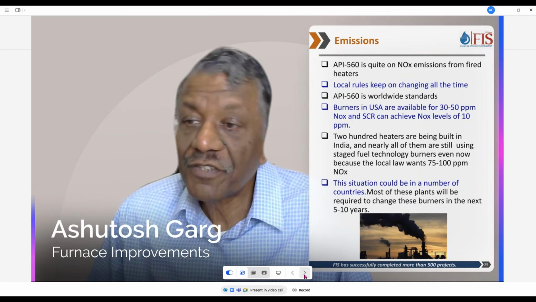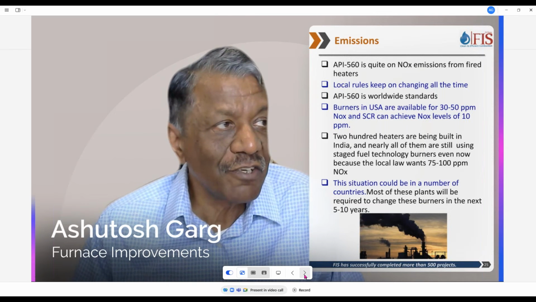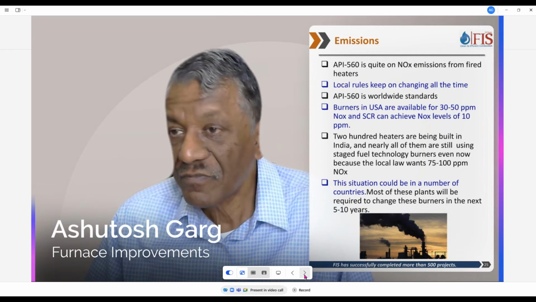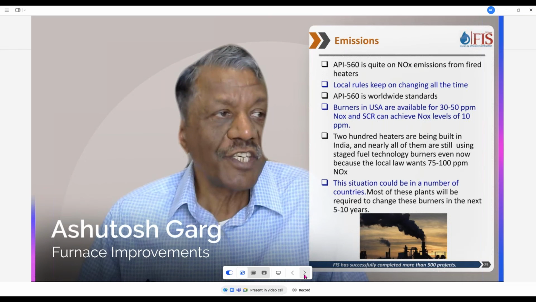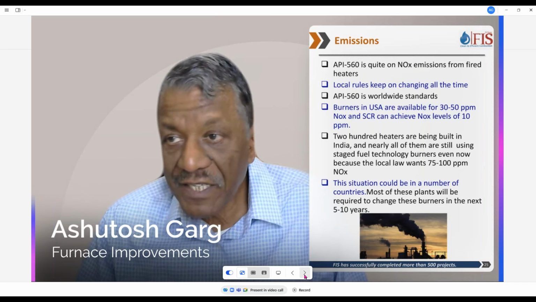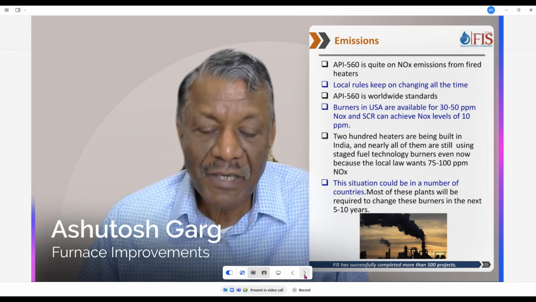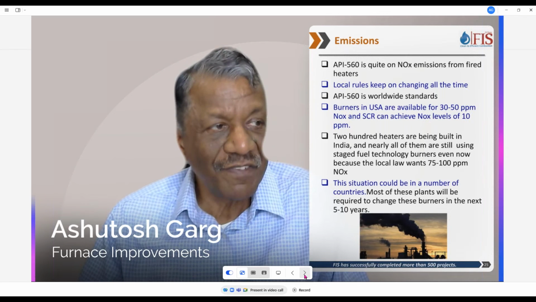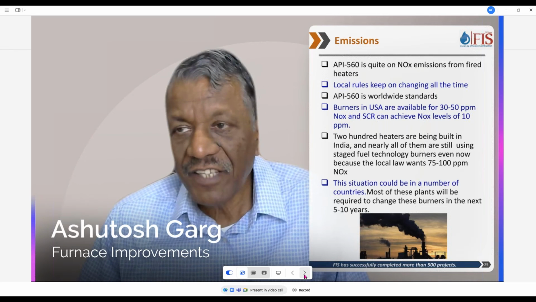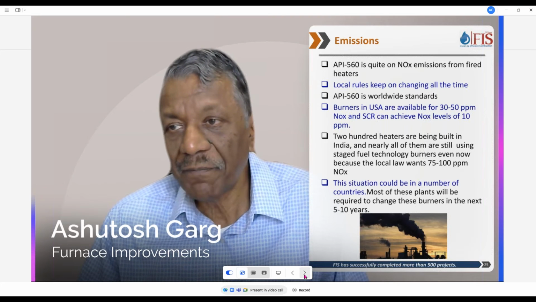Next is the emissions. API 560 is also silent on NOx emissions. The local rules keep on changing, and what we are seeing is that in the US today we can buy burners with 30 ppm or 50 ppm NOx, and if we put in SCR, we can go down even to 10 ppm.